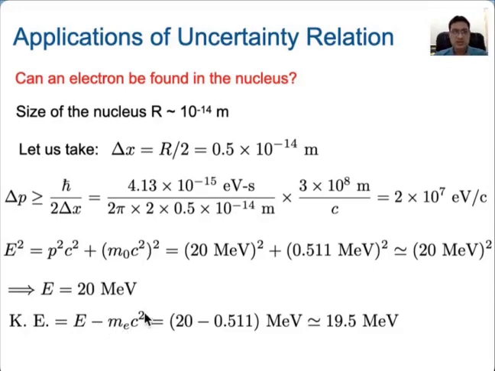We know the rest mass energy of an electron is 0.511 MeV, so this comes out to be 19.5 MeV. And this is too large. It means that an electron cannot reside inside the nucleus, because this energy is much larger than the energy of the energy levels in hydrogen atoms, which are a few eV.